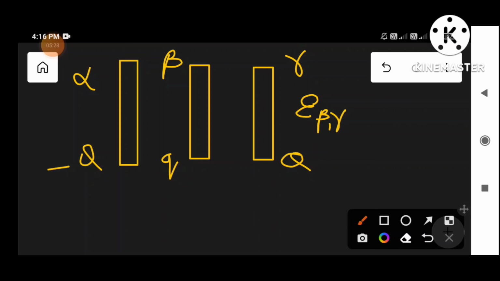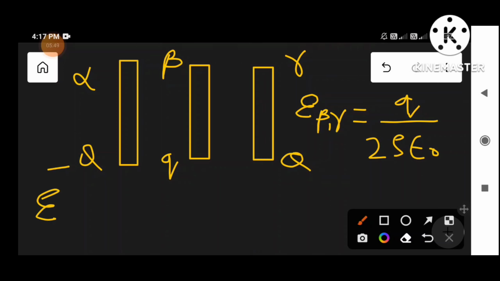This is how I write the expression of electric field. So it is given in the problem that the cross sectional area of plates alpha and beta is S, right? So all we can write is that it is Q upon 2 times S epsilon naught, right?